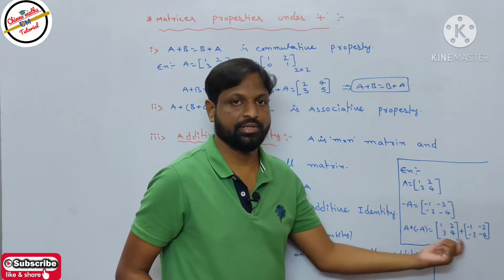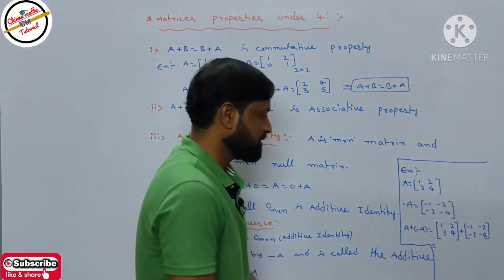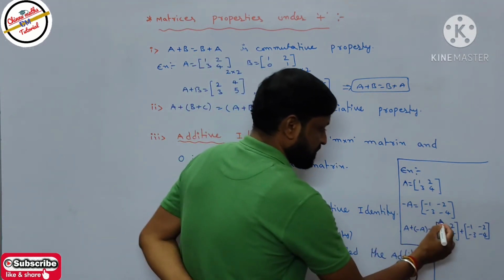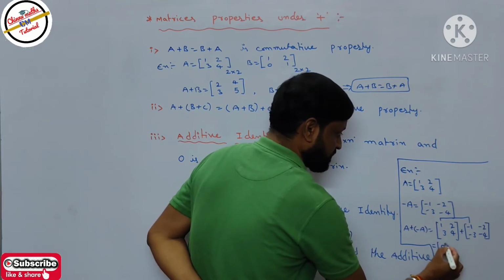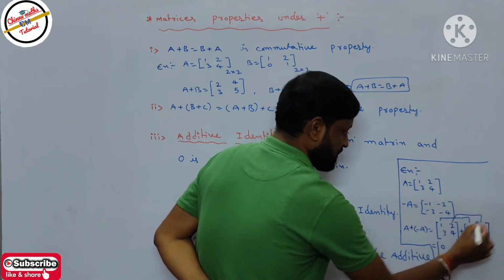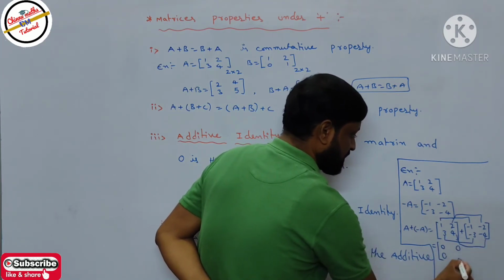The order should be the same. Applying the addition of two matrices, the corresponding elements are 1 plus minus 1 equals 0, 2 plus minus 2 equals 0, 3 plus minus 3 equals 0, 4 plus minus 4 equals 0.